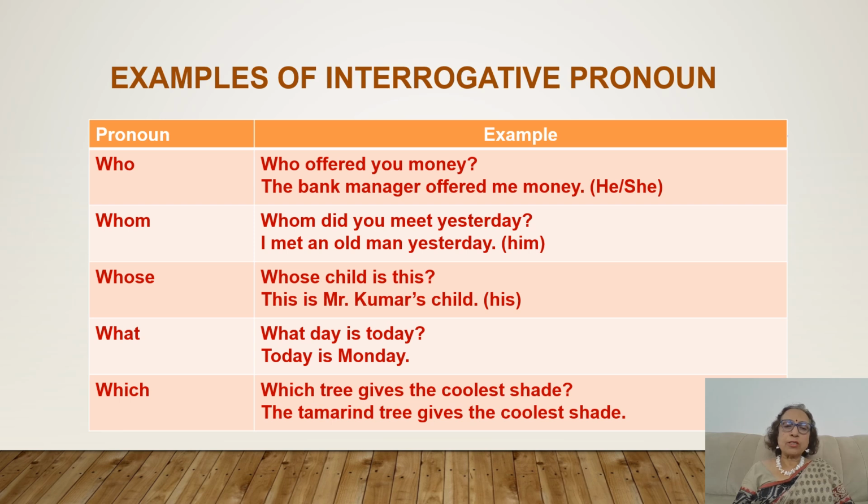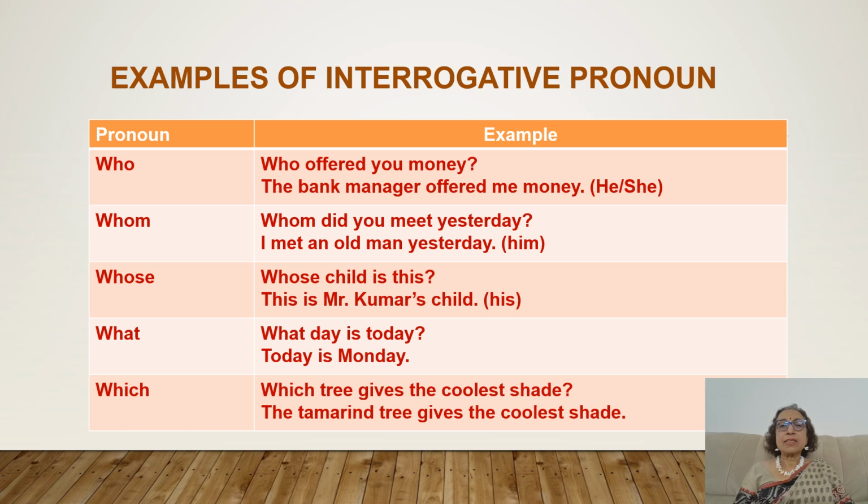Which and what are used for questioning non-human nouns. Remember that the answer should either be a noun or pronoun. Only then do we call it an interrogative pronoun. If the answer is some other part of speech, then we cannot call it an interrogative pronoun. We have many types of interrogatives in English. Pronoun is just one of them.